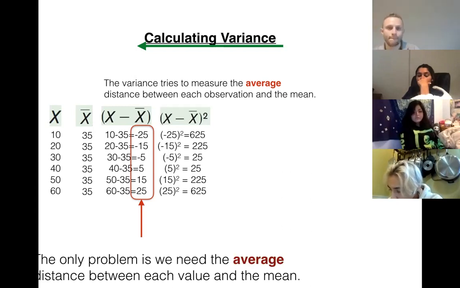And I'm going to let everybody catch up. So we took -25, we squared that, it gave us 625. We took the -15, we squared that, it gave us 225. And we went all the way down like that.